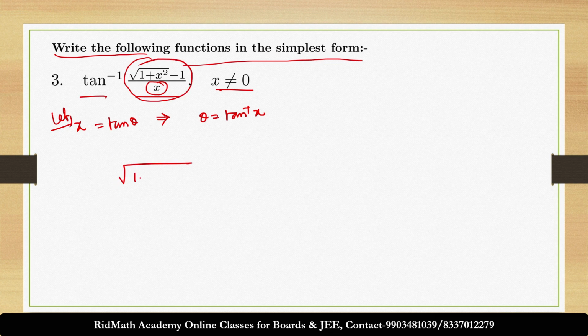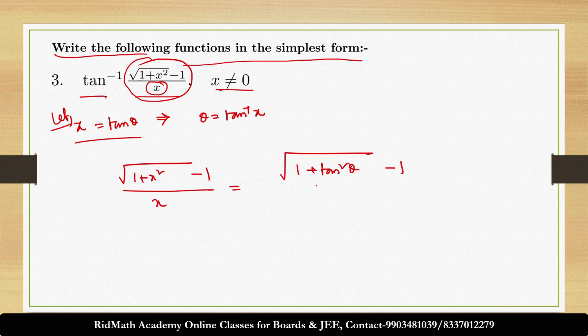So let us compute this quantity. Root over 1 plus x square minus 1 divided by x. That means x is tan theta. So root over 1 plus tan square theta minus 1 divided by tan theta. So root over 1 plus tan square theta is sec square theta.